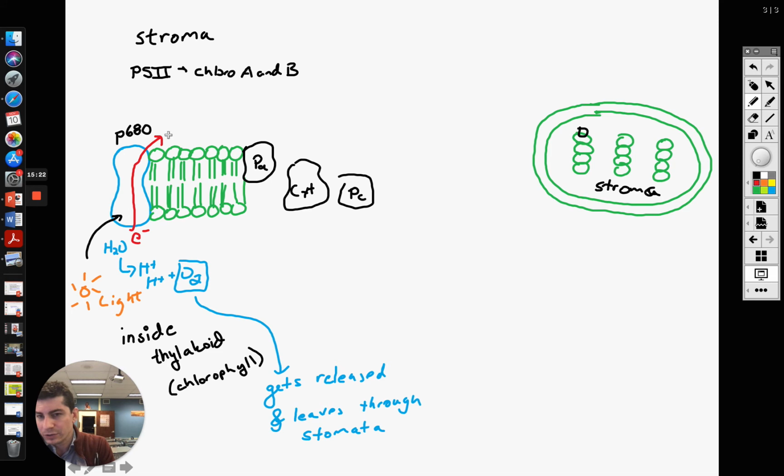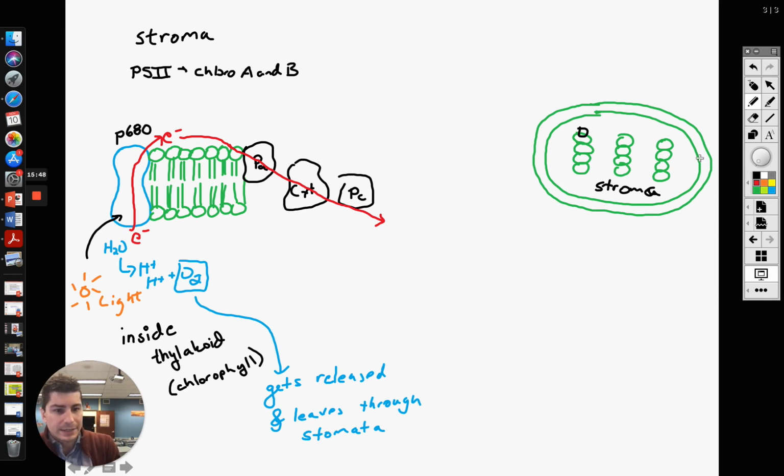So this electron, which is now in the stroma, is going to go through, and just like before, it's all excited. These cytochromes do not want that excited state, so we're going to take that electron and bump it back down into the area inside the thylakoid.